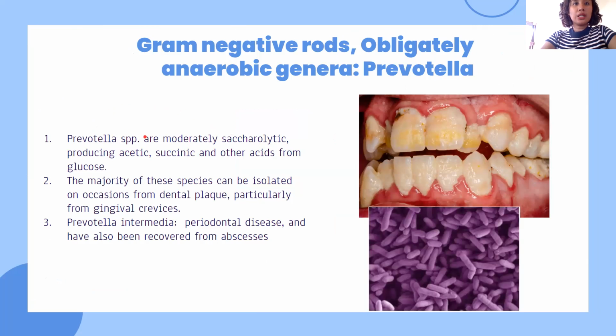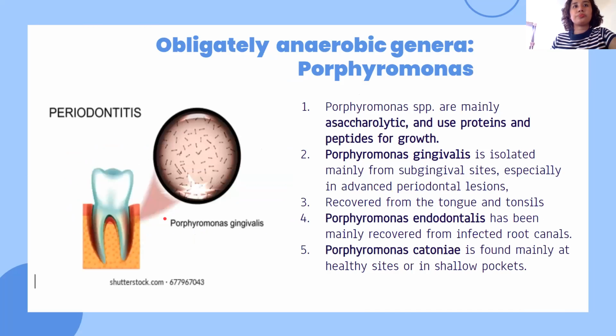Prevotella are saccharolytic, so they could also produce acid from sugar, such as acetic, succinic, and other acids. The majority of these can be isolated from dental plaque. Prevotella intermedia is found in abscesses.